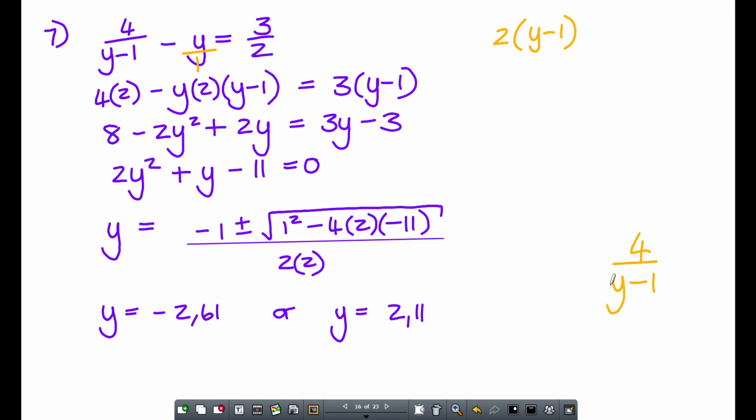Ek gaan net gou daai y minus 1 in hakkies sit. Toe het ons nou hier gesê daarbo, ek wil hê my noemer moet wees 2 maal y minus 1. Nou omdat ek onder gaan maal het met 2, moet ek bo ook. Yes, want ek wil mos nou my kleinste gemeene veels hou. Is jy by? Right, anyone else?